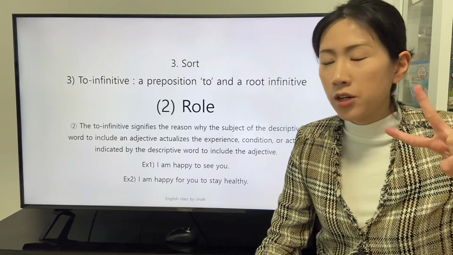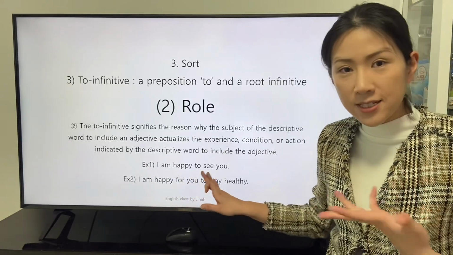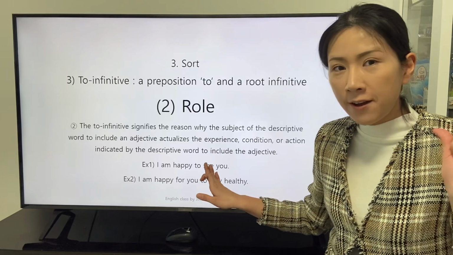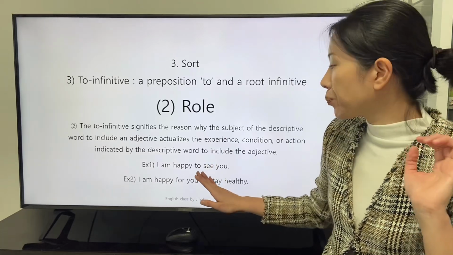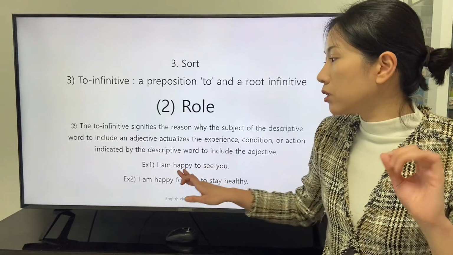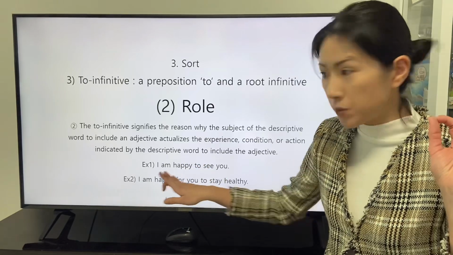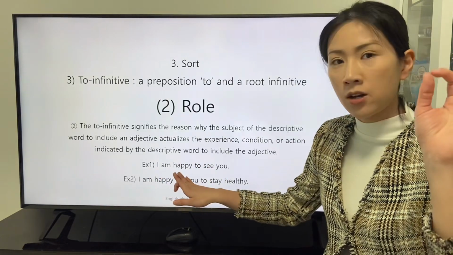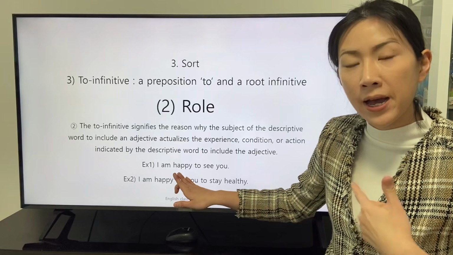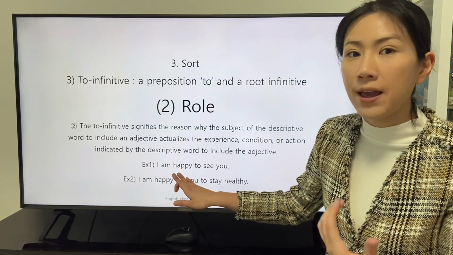There are two clauses. I am happy to see you. The phrase of the to-infinitive to see you describes the reason why the speaker as the subject is in a specific condition described by the adjective happy.